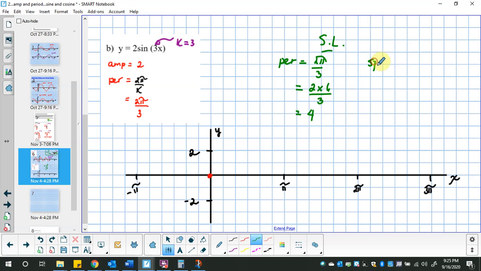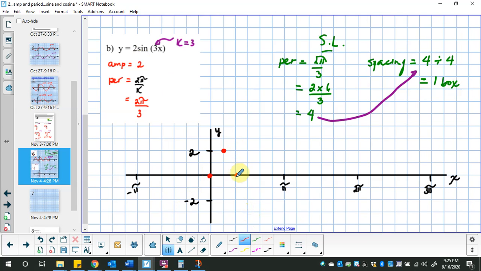Now, I like to just count, so I'm going to take my spacing, take this number just like the last time, and divide it by 4, because I have 4 quadrants or 4 movements, and I end up with a really nice 1 box count. So if I can count to 1, I should be pretty successful. So count to 1, go up to the 2 because the amplitude is 2.